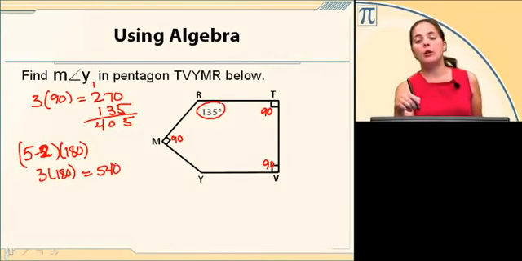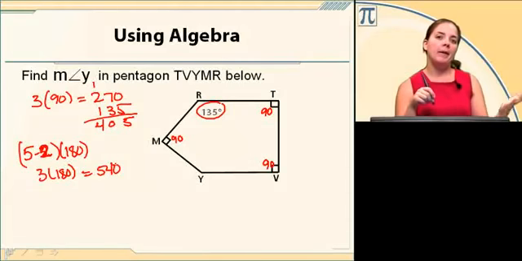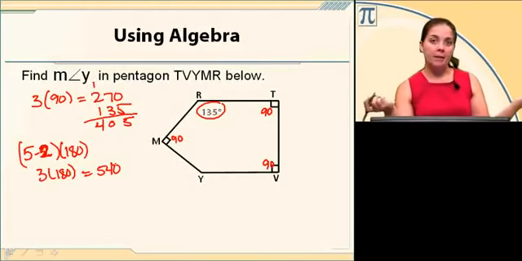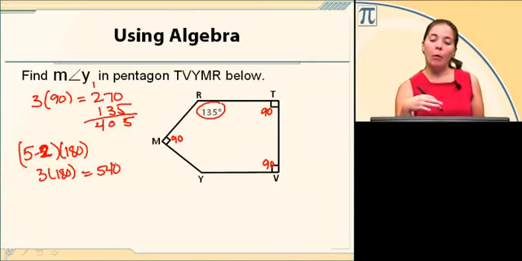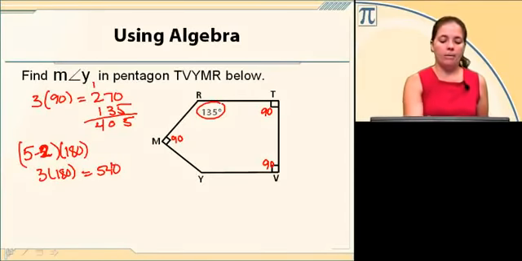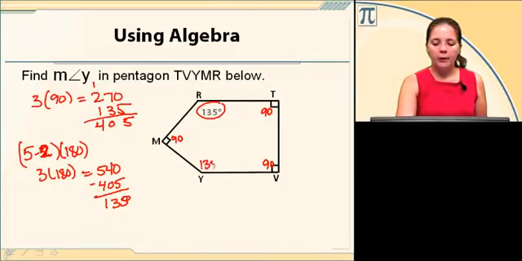Now if I didn't want to do that, I could go back to my notes and say, okay, pentagon, 540, it's always going to be 540. Since I have 405 degrees and I need 540 degrees, take 405 away from 540 and you get 135 degrees. So the measure of angle y is 135 degrees.